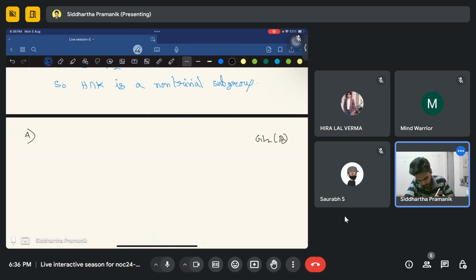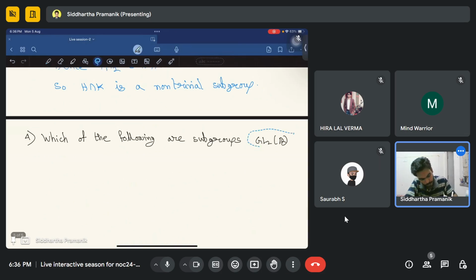So the question is, you need to find which of the following are subgroups of GL2R. Okay, let me write down the sets one by one.